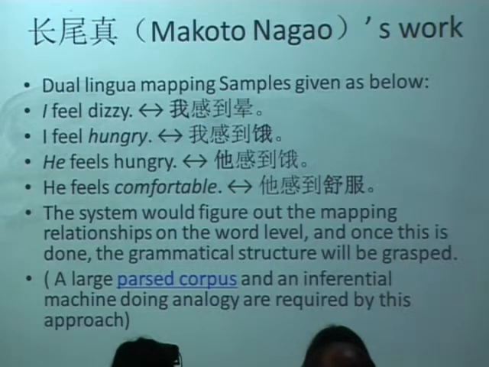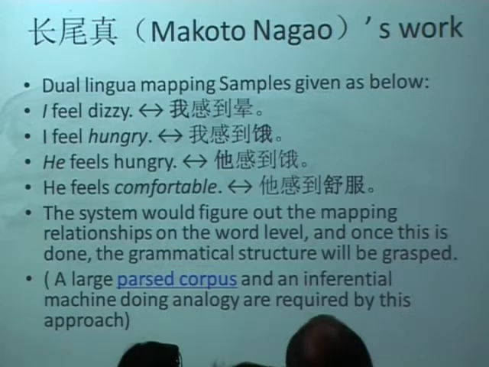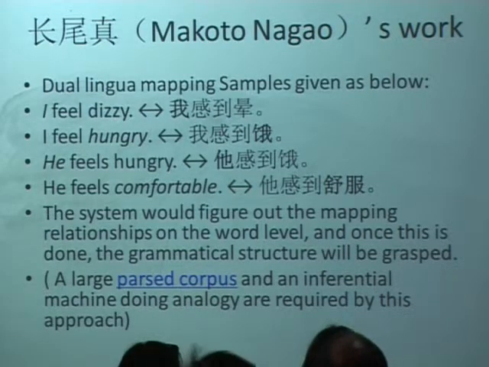Since I'm not a Japanese speaker, I replace all of the Japanese sentences by Chinese sentences because the fact is the same. Even if you do not know Chinese, but you just read the bilingual mapping samples, you still can figure out the meaning of every individual Chinese character, even if you do not know it, okay?